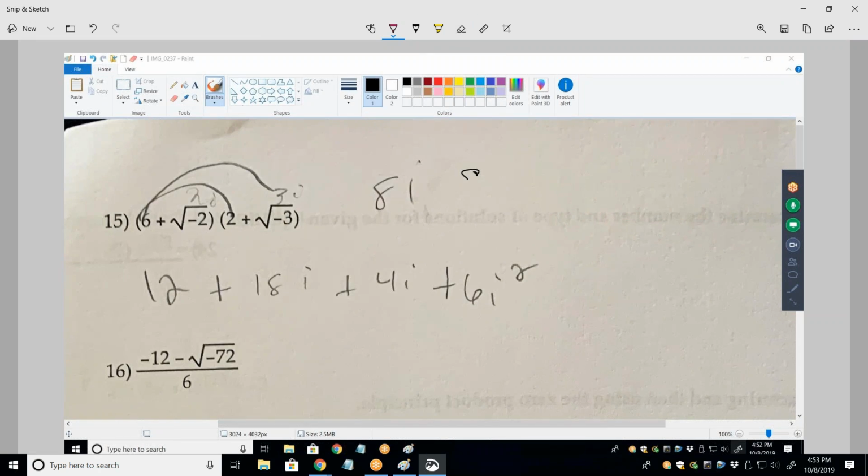So when you FOILed it, you got that. And let's see, that was root 2i. That was root 3i.